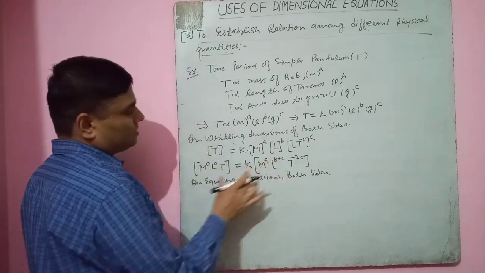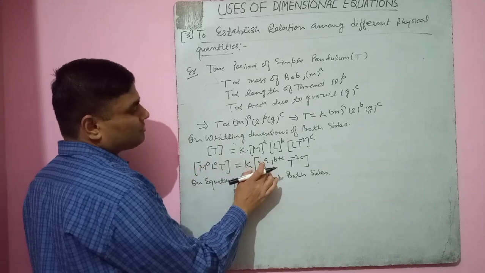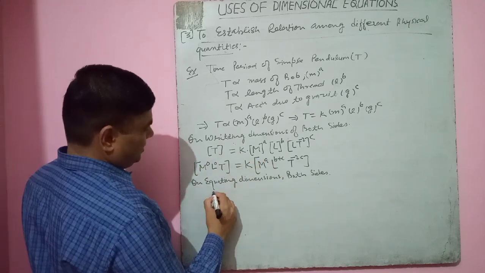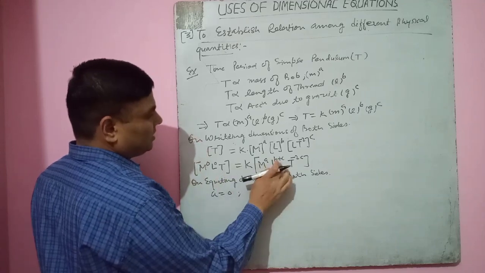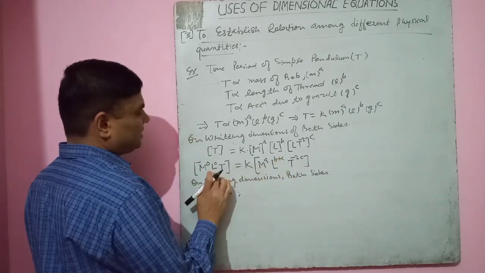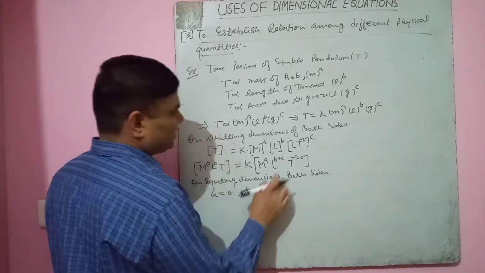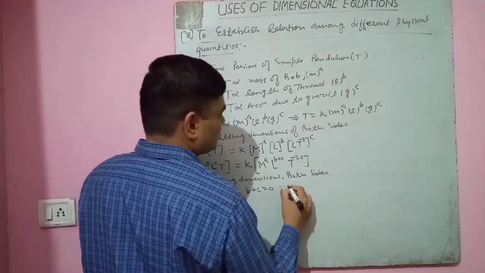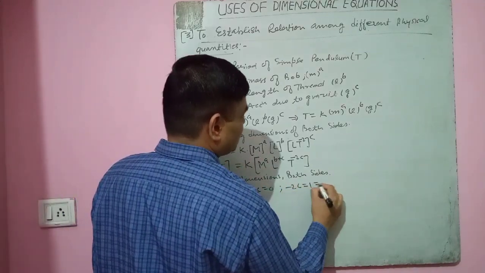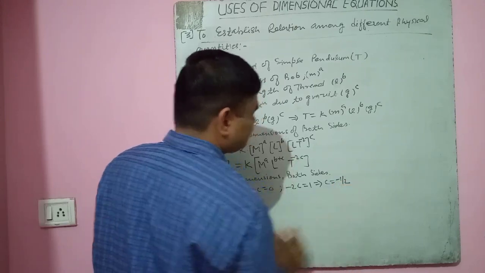When we equate dimensions on both sides, here M's dimension is 0 and there M's dimension is a, so a will be 0. Here L to the power b plus c, and L to the power 0, so b plus c will be 0. Here T to the power minus 2c, and T to the power 1, so minus 2c is equal to 1, which implies c is equal to minus 1 by 2.